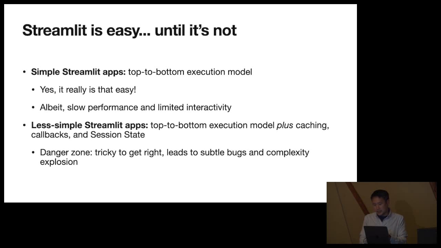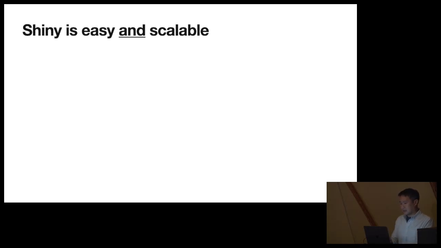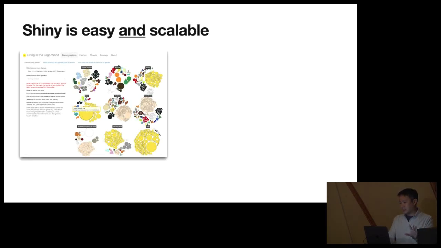So they have introduced some features like caching, callbacks and session state that are designed to let you work around the top to bottom execution model. So I can very much endorse Streamlit for simple apps, and I think they made some really fantastic, interesting choices. But for complicated apps, you're putting yourself and your users in danger, because it is very tricky to get that kind of application correct. So in contrast, Shiny is easy, though not as easy as Streamlit, but it is scalable.